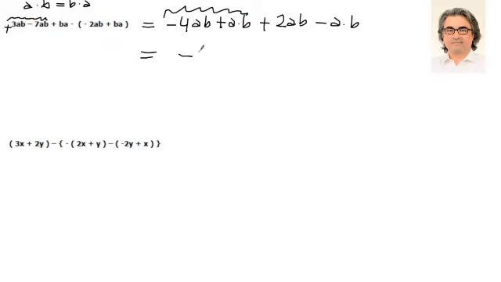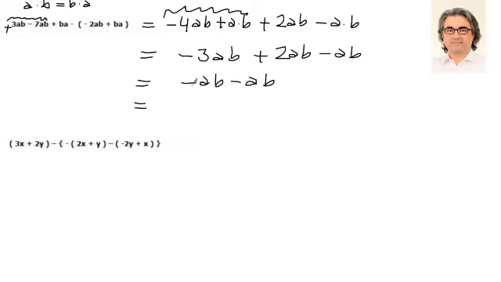It means minus 3 times A times B. Plus 2 times A times B minus A times B. After that, minus 3 plus 2. It means minus 1 times A times B, which means minus A times B. Minus 1, minus 1, it's minus 2. Don't forget to write A times B. Final result is minus 2 times A times B.